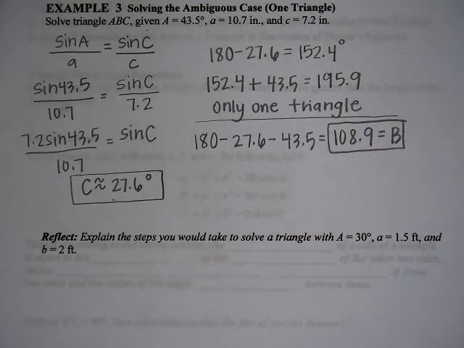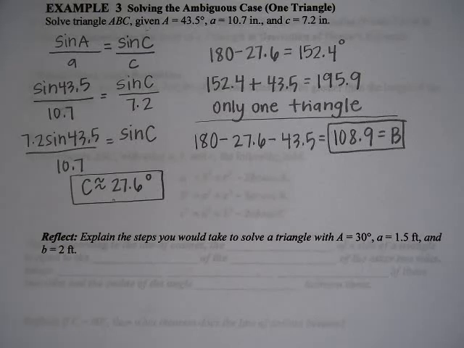So now we have all three angles. In the original, we were given little a and little c, so the only other side we need to find is little b. So what are we going to use to do that? Our law of sines. We know that we're going to use little a and big A because we have both of those.